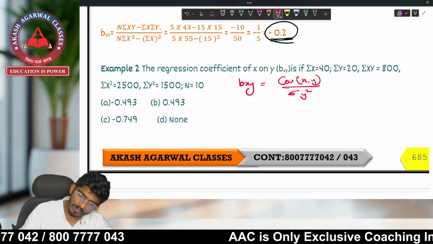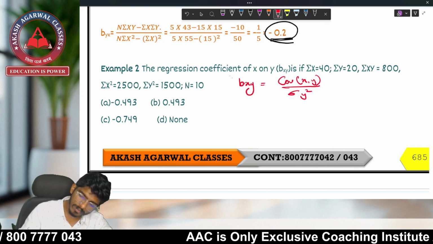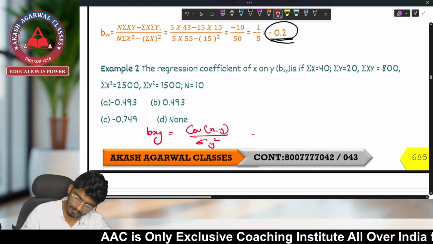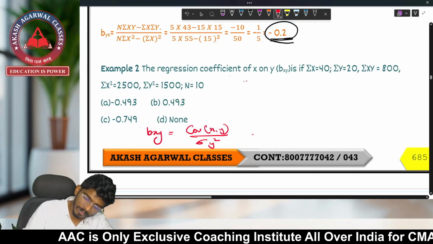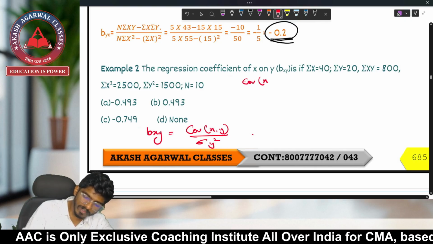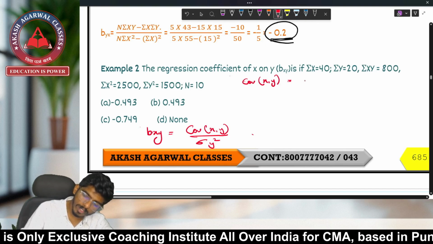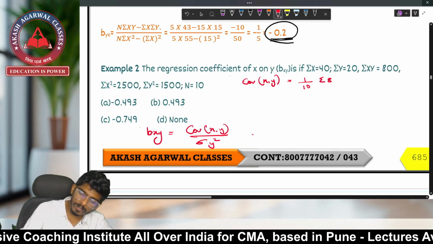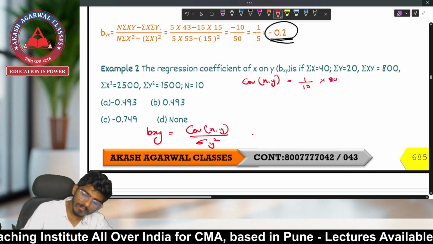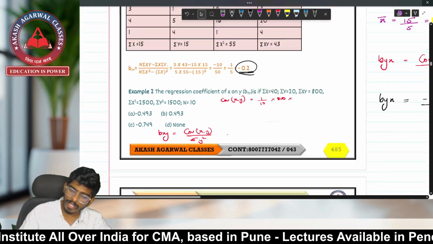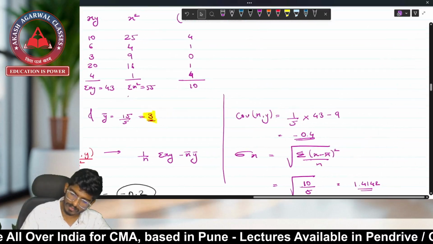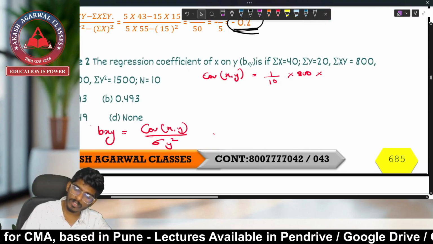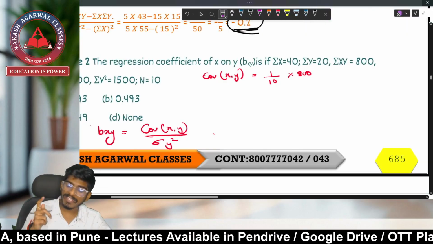So how to find the covariance? Now we are well aware how to find the covariance. I'll keep the formula over here. So my covariance of x comma y is equal to 1 upon n, that is 1 upon 10, into summation of xy, which is going to be 800, minus x bar into y bar.